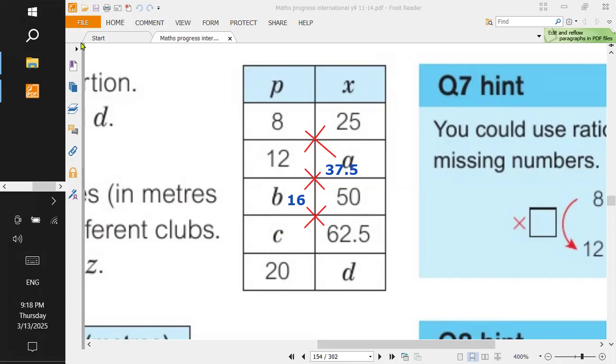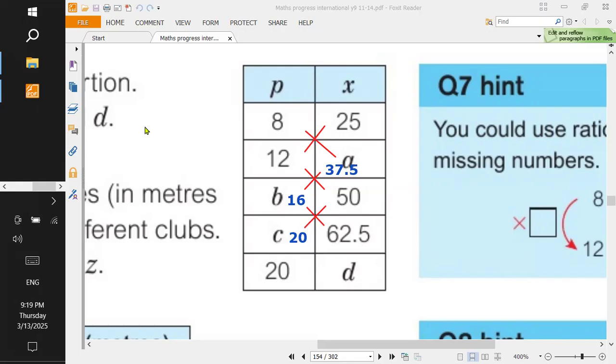So c is 20. Let's write it here: c is 20.